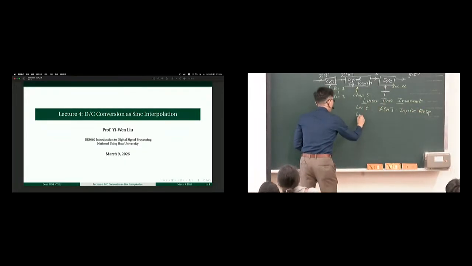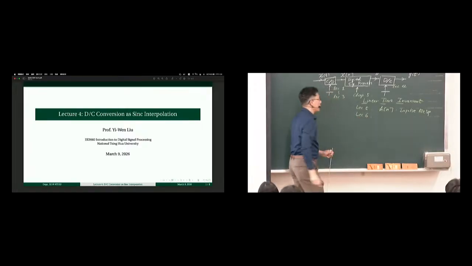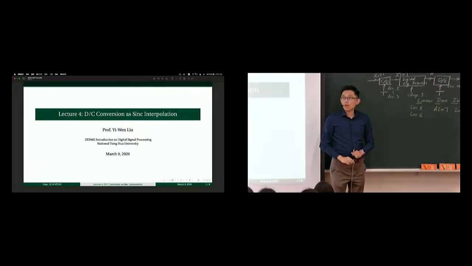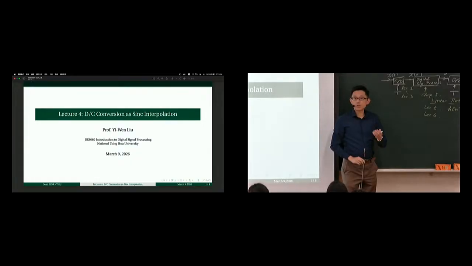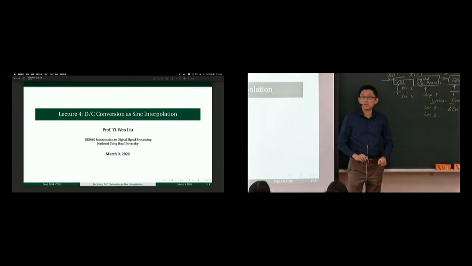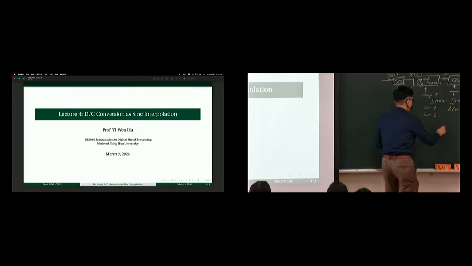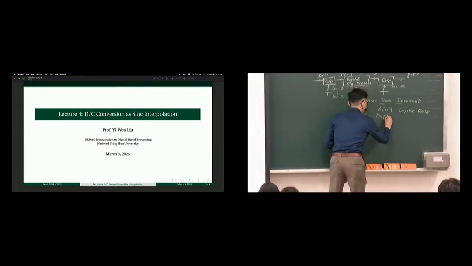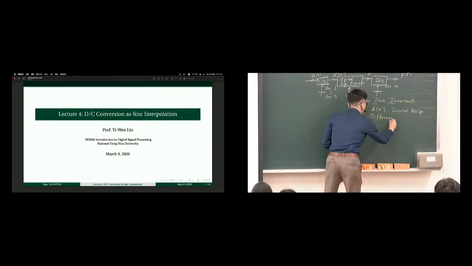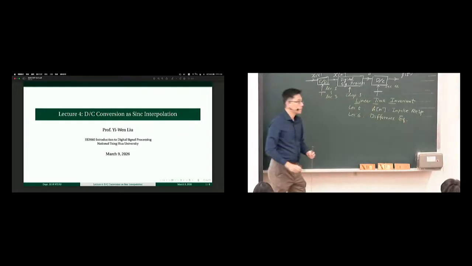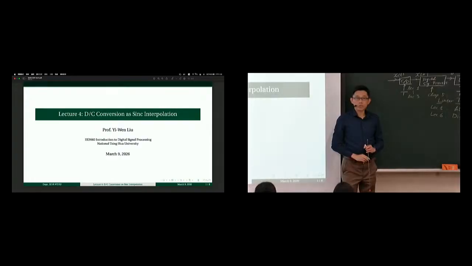And then for the purpose of computation, we will further focus on difference equations, because computationally, that's what we are going to be working on.